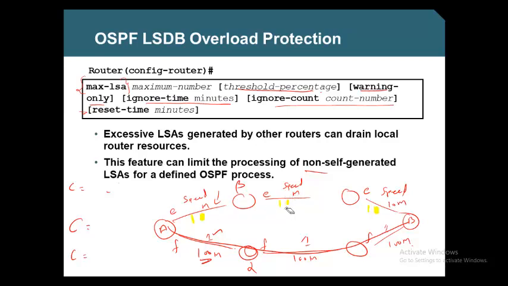Okay. The scenario is this. The speed of this link is 1000 meg because you got a gig wire, gigabit ethernet, 1000.